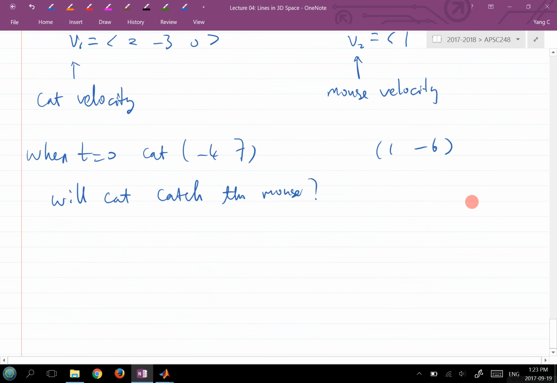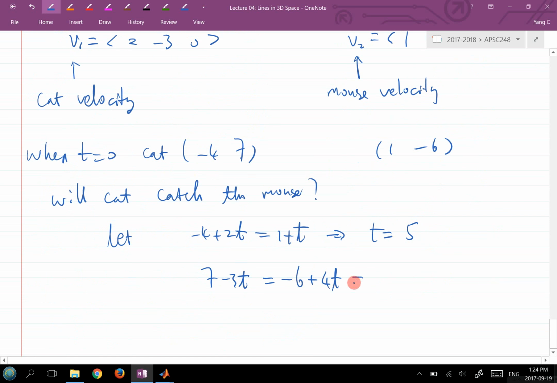We let x equal to -4 plus 2t, equal to the other x, which is 1 plus t. Solving this, we get t equal to 5. Then the other one: 7 minus 3t equal to -6 plus 4t. We end up with t equal to 13 over 7.